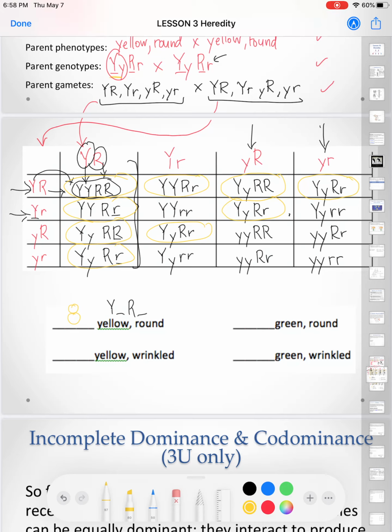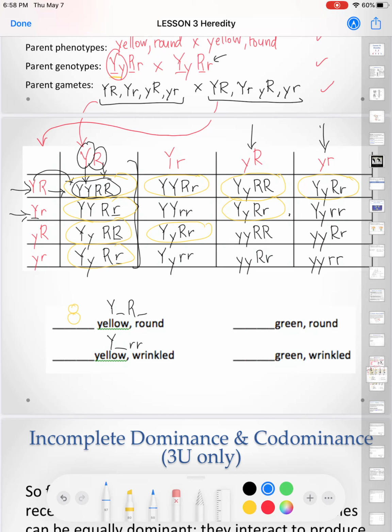Okay, so now I'm going to use a different color. I'm going to use blue. And we're going to figure out who is going to be yellow, which has to have one dominant Y at least, again. But wrinkled is recessive, so we have to have 2 small R's. So we're getting a little bit more specific. So at least one dominant Y, but 2 small R's.